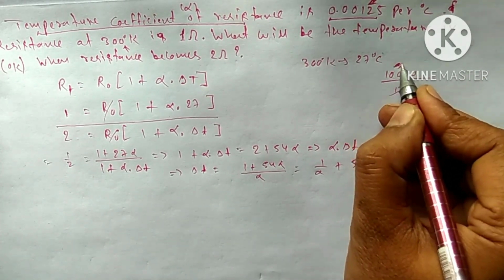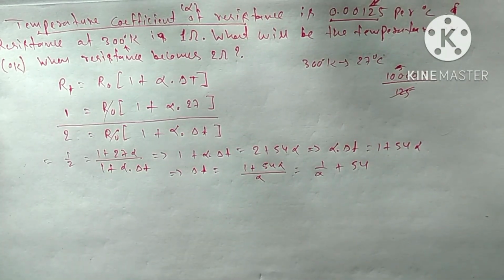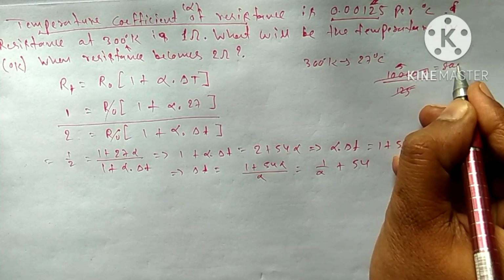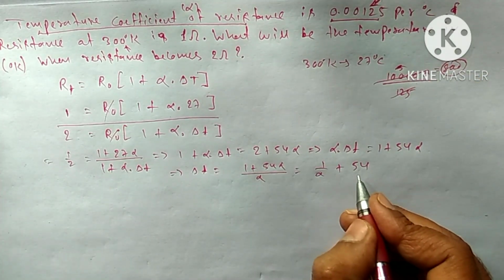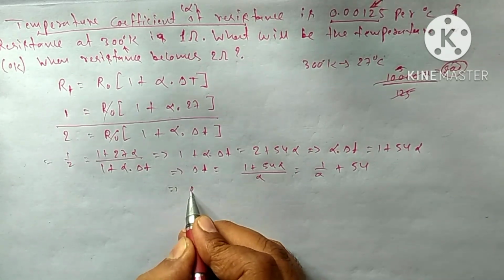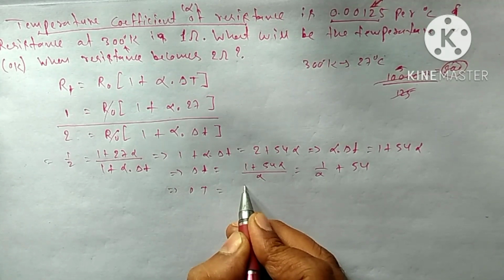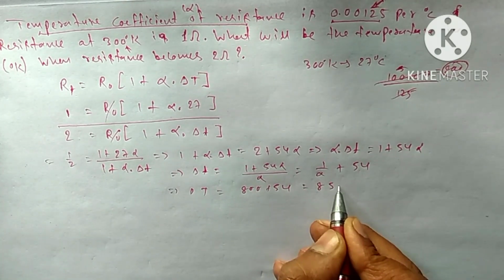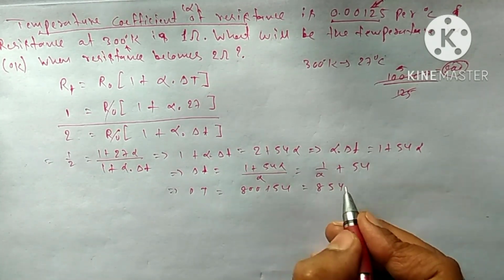After dividing we get 800. So we put the value of 1 by alpha as 800. So the final value of delta T is 800 plus 54, that is 854 degree Celsius.